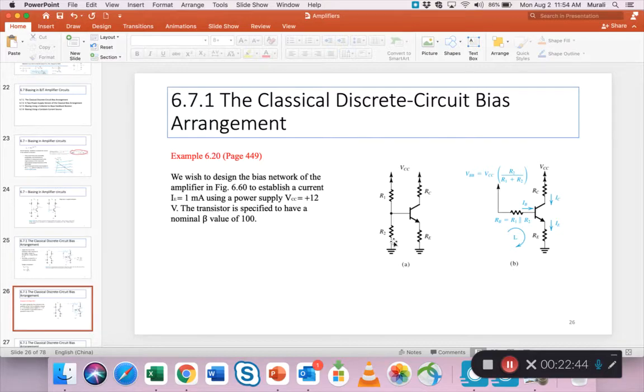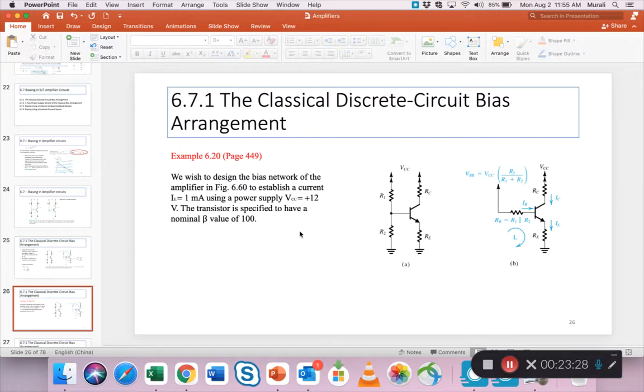Then towards the end, he also calculates RC. So I will let you look through these steps, and if you have any trouble understanding how he got these individual resistances, it's a little bit of a back and forth process.